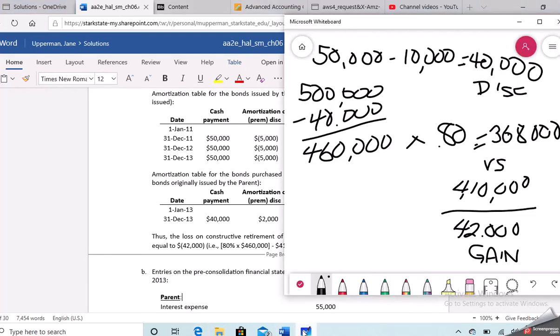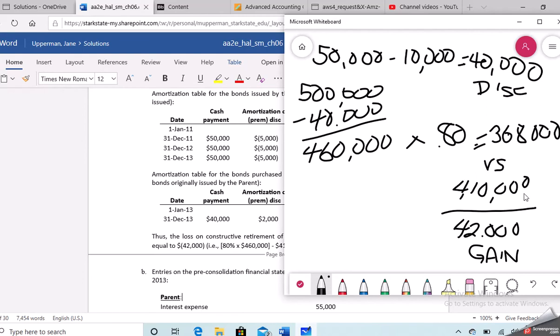If we look over here, we had a $50,000 discount, amortizing for 2 years at $5,000 a year, so there would be a $40,000 discount remaining, which takes our net book value of the bonds to $460,000. We are only concerned about 80% of that because that's all the sub purchased. So $460,000 times 80% gives us $368,000.